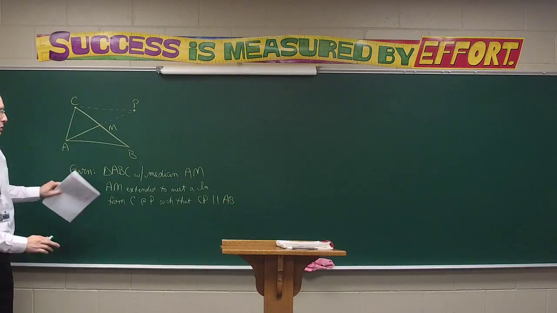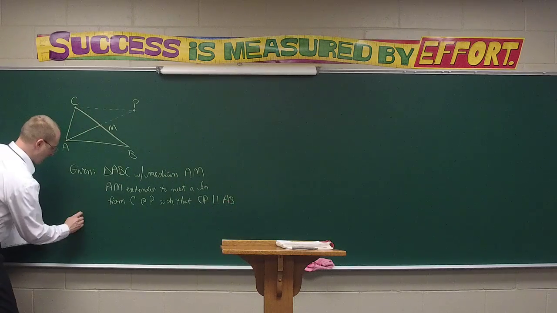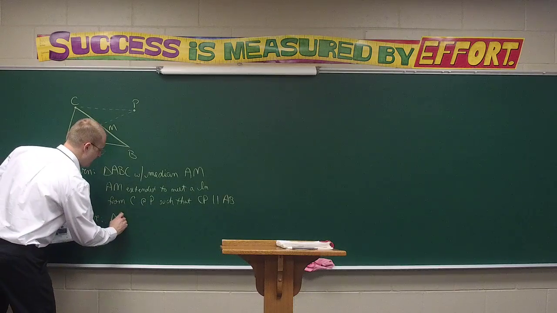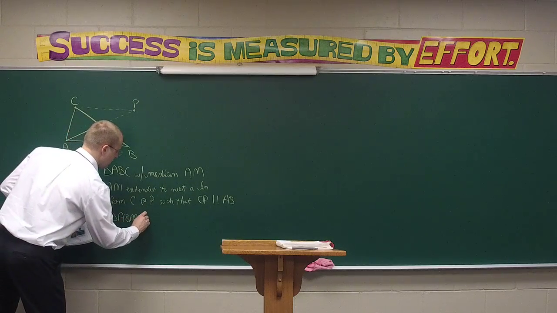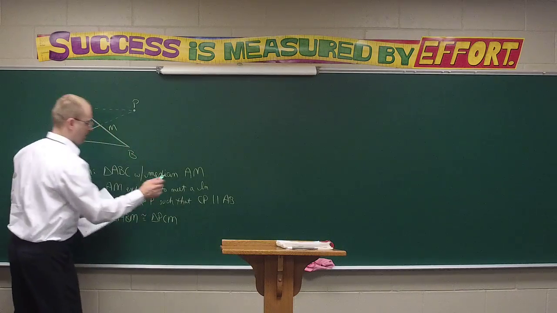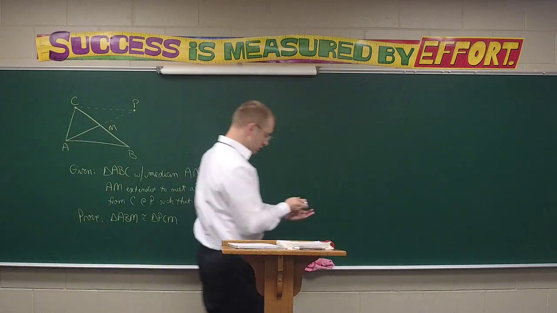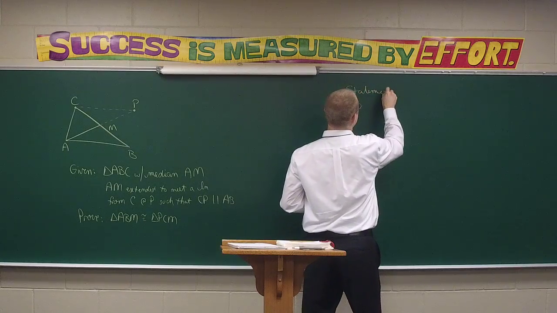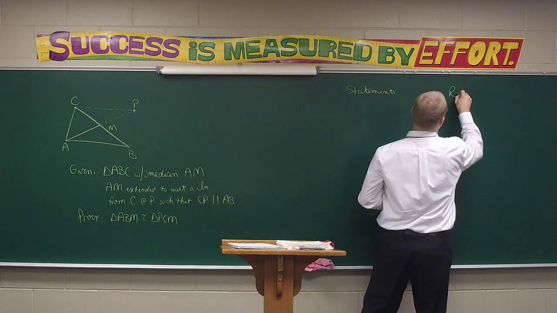Okay, probably the easiest way to word that. And we were asked to prove that triangle ABM is congruent to triangle PCM. All right, so let's go and get down your two columns, your statements, your reasons.